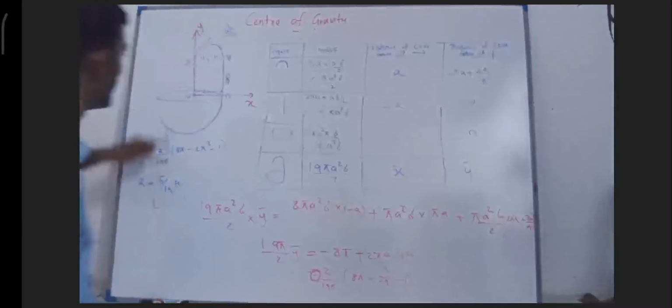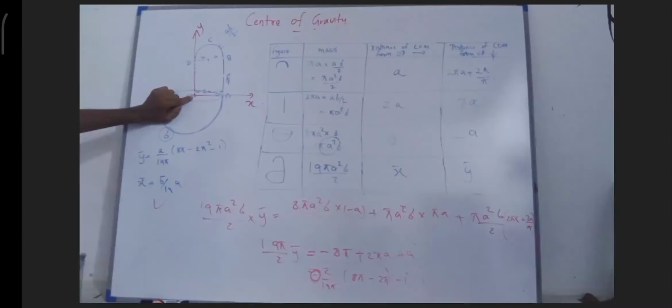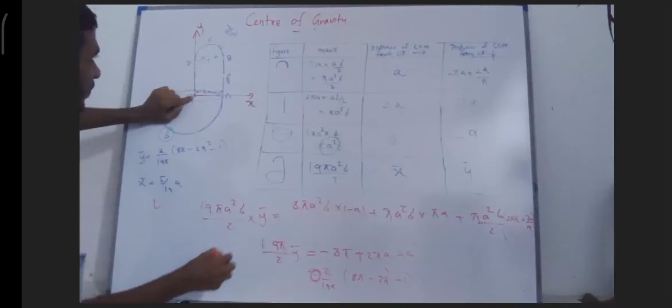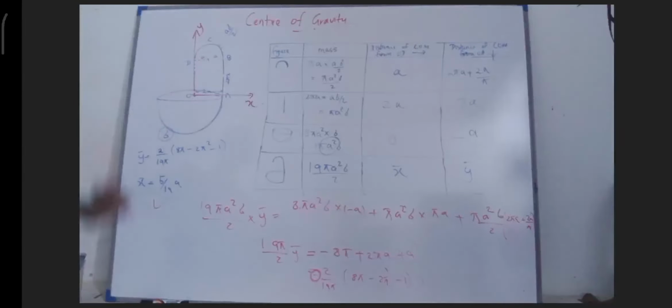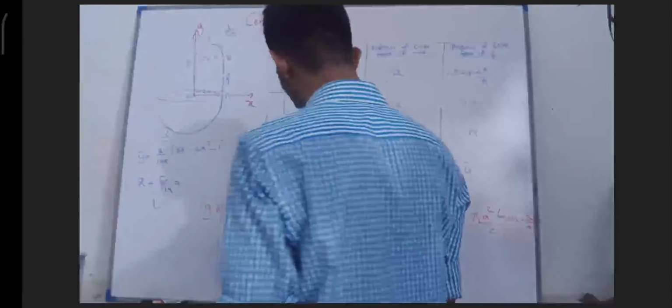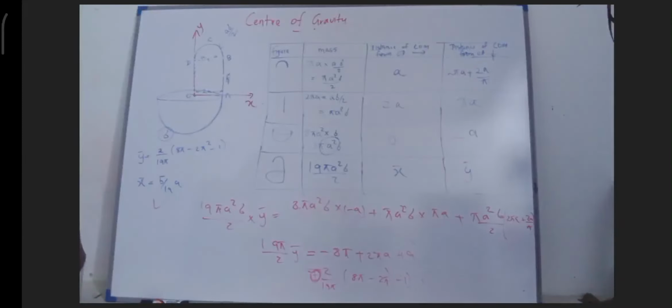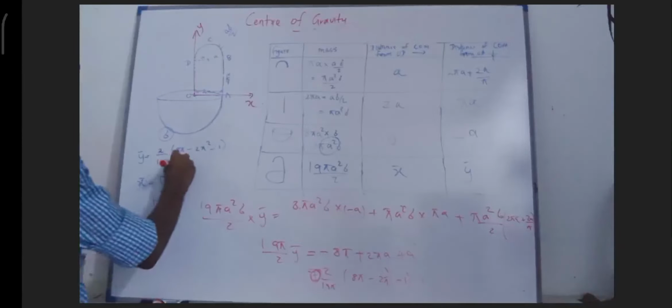This minus indicates that the y component of the center of mass of the entire figure lies below. So you don't need to bother about this negative symbol. I have done this portion also.